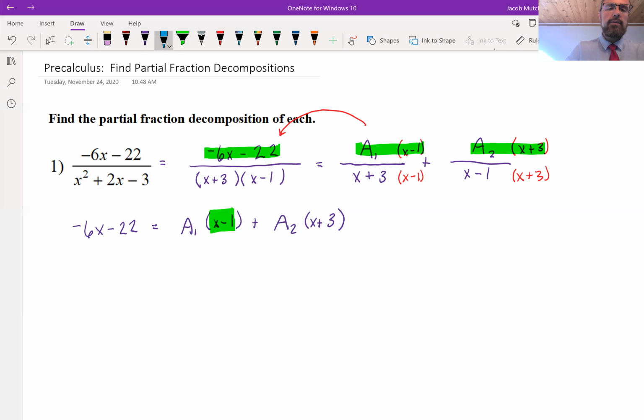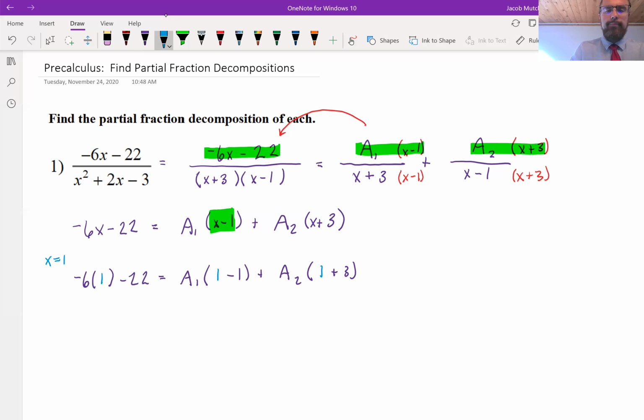So my first x value I'm going to choose is x equals positive 1. So I'm going to substitute x equals 1 into everything. I'll just leave gaps here, and I'll put that in the blue in a moment. So a sub 1 times gap minus 1 plus a sub 2 times gap plus 3. And I'll put a 1 in all those gaps.